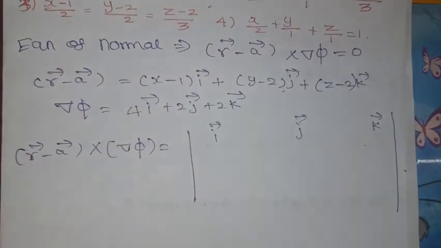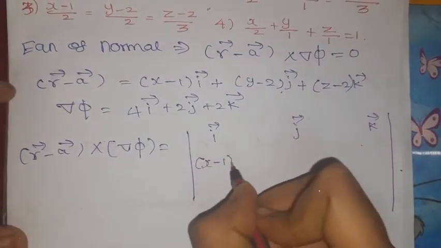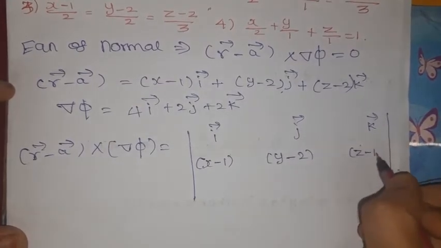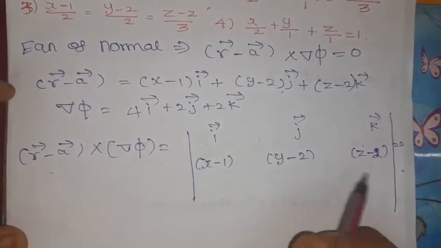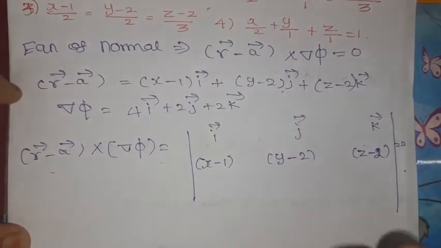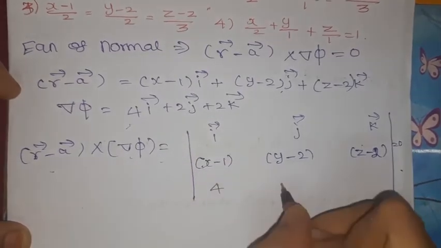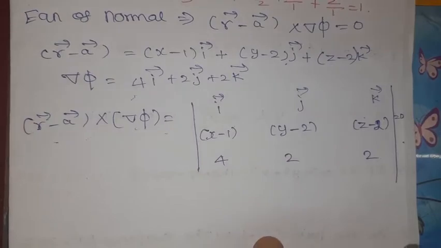Then the next row, x minus 1, y minus 2, z minus 2. Then the third row, del phi: 4, 2, 2. So just expand and simplify, we will get the equation.